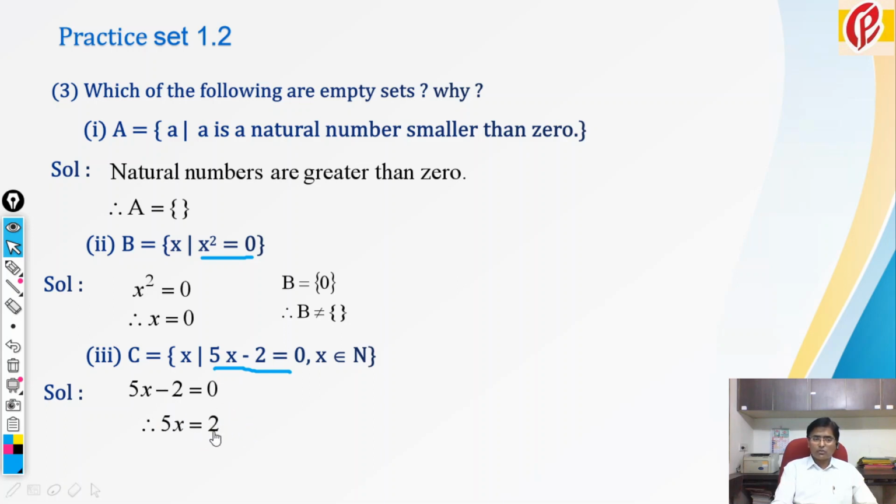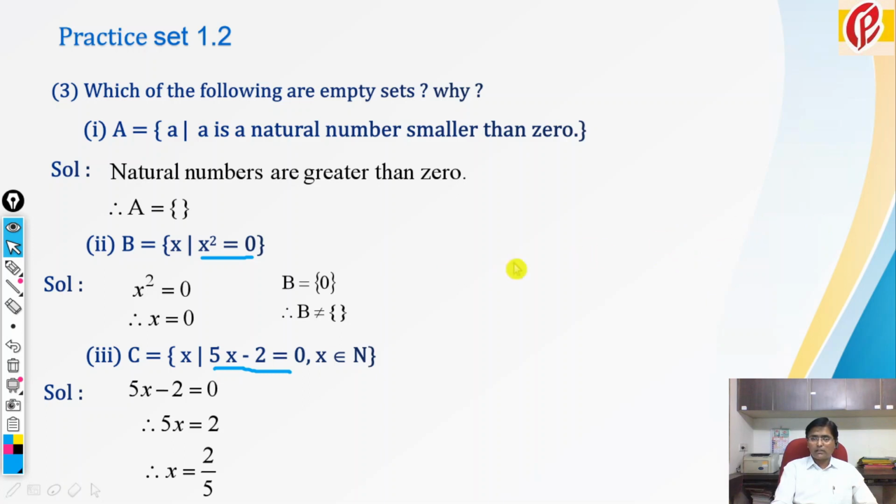So 5x is equal to 2, and then x is equal to, this 5 is multiplied, when shifted to the right side it will divide. So 2 upon 5. So x is equal to 2 upon 5. This is a fraction. But natural numbers are 1, 2, 3, 4, 5 like this.